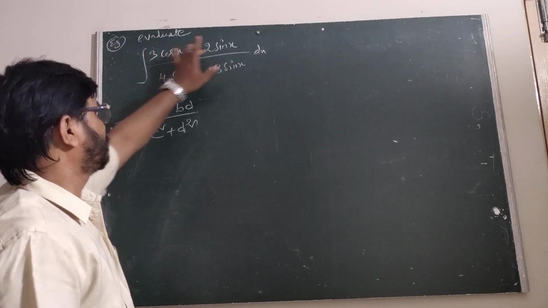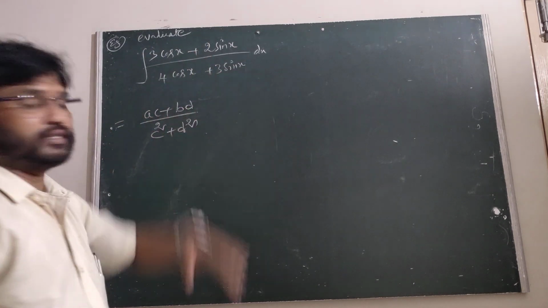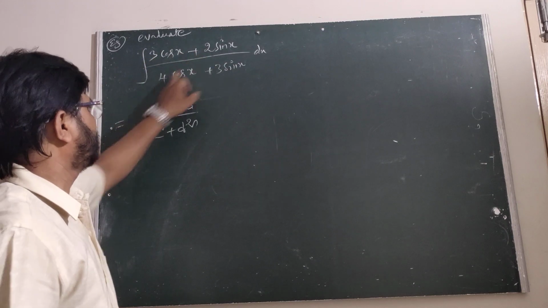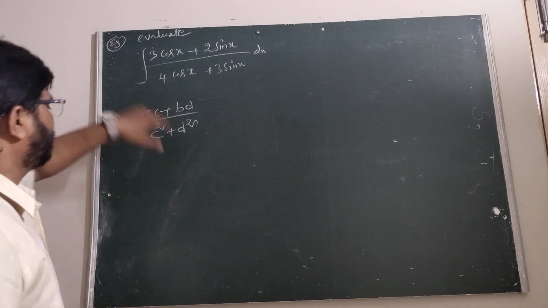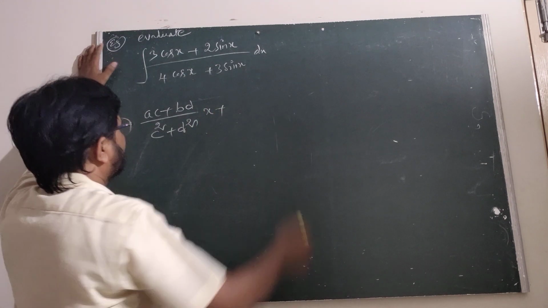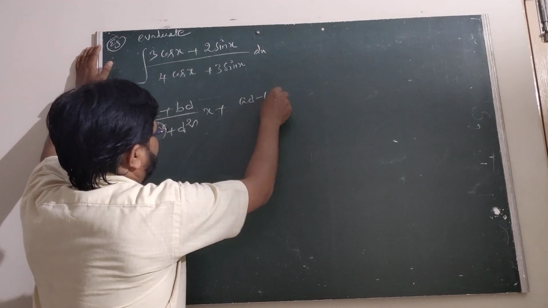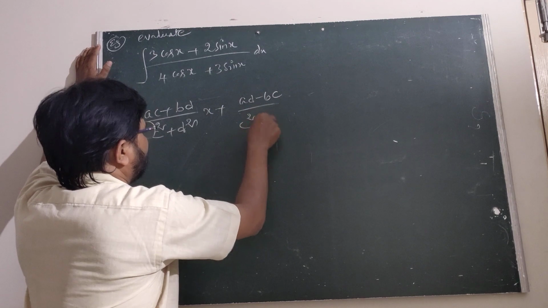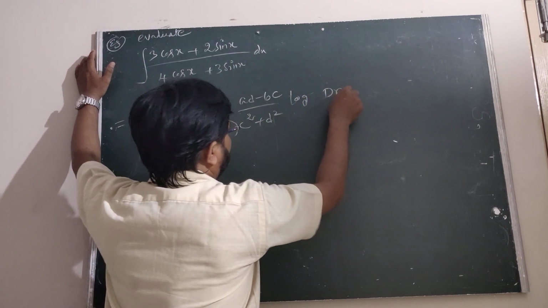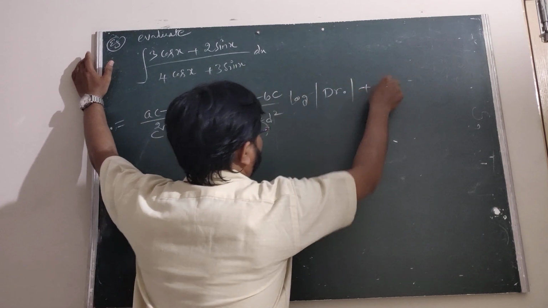First we compare with a, b, c, d. So AC plus BD by c square plus d square into x plus AD minus BC upon c square plus d square log mod of the denominator plus c.